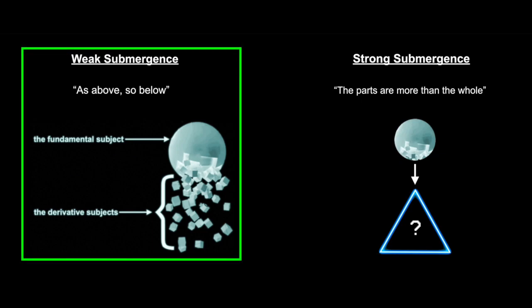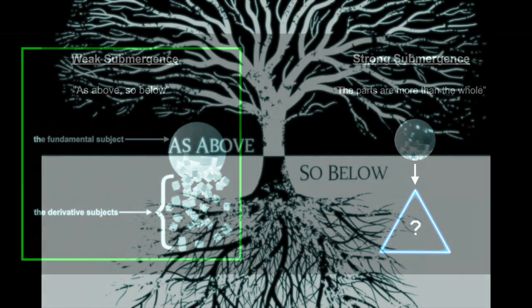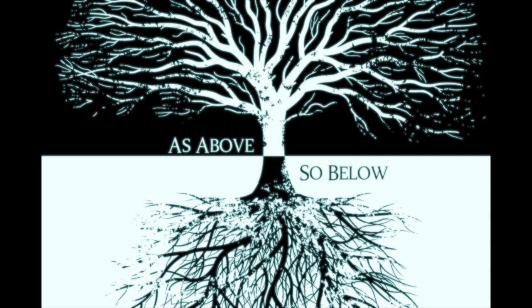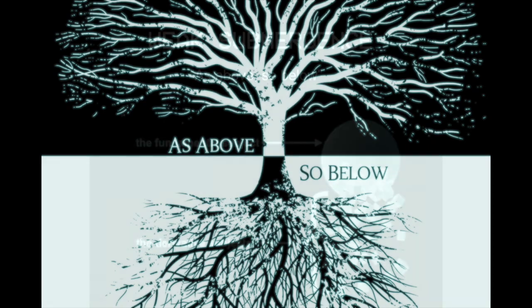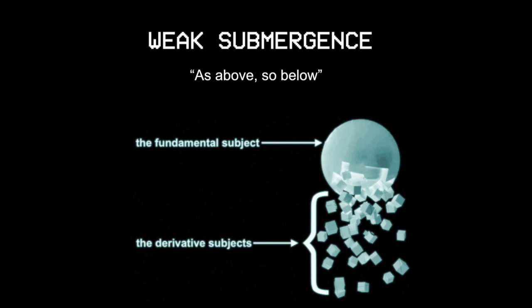Weak submergence affirms the whole as being prior to the parts, and that the lower level phenomenon, or the parts, are descendants or fragments of the whole, and that these parts are nothing over and above the whole. For weak submergence, as above, so below. This means that the parts are the same in ontological kind as the whole. What the parts are is the same as what the whole is, just to a lesser degree.